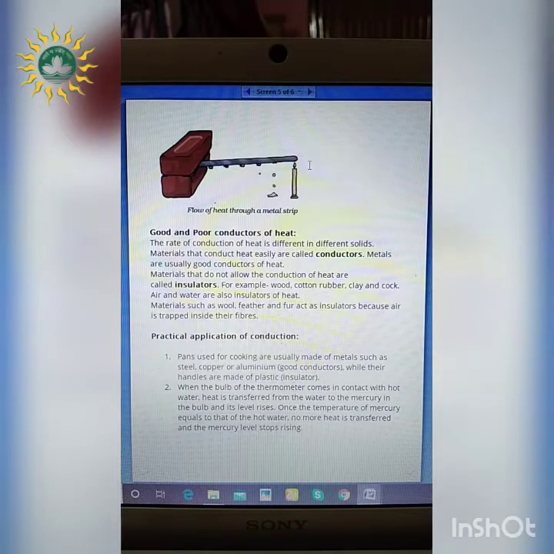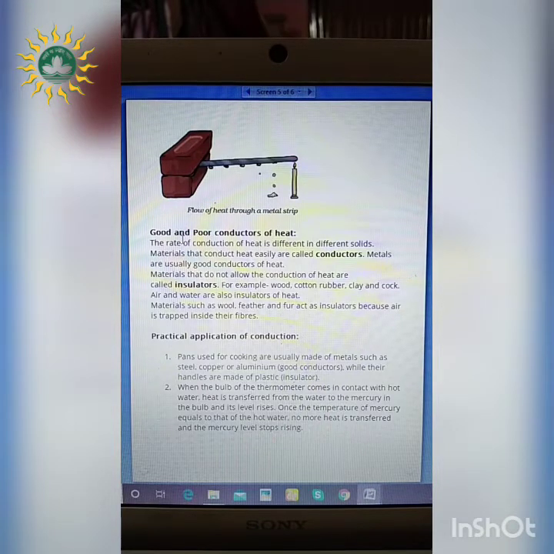Okay, so what is happening? A candle is present, it is heating a metal strip in which the molecules are very closely arranged. Why? Because it is a solid substance. So this part is heated first, and these molecules are transferring the heat one by one to the whole metal strip, and ultimately the whole metal strip is getting heated. So from this we can easily say that the process of conduction is occurring.